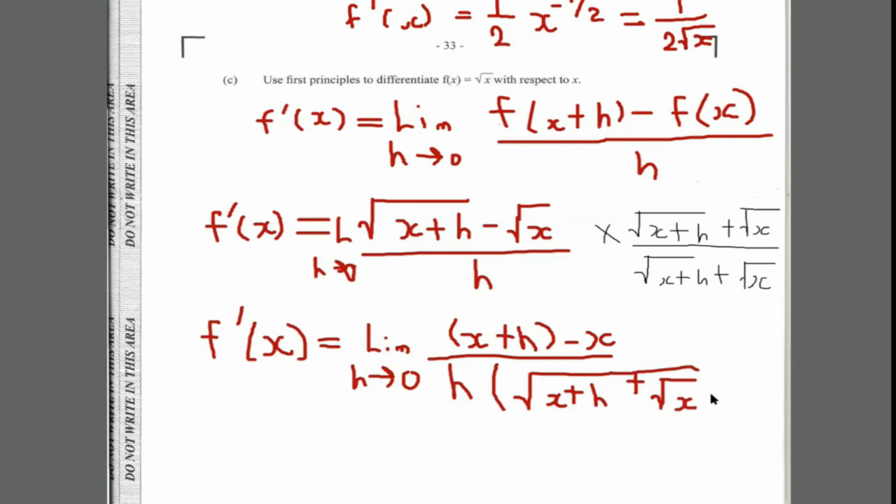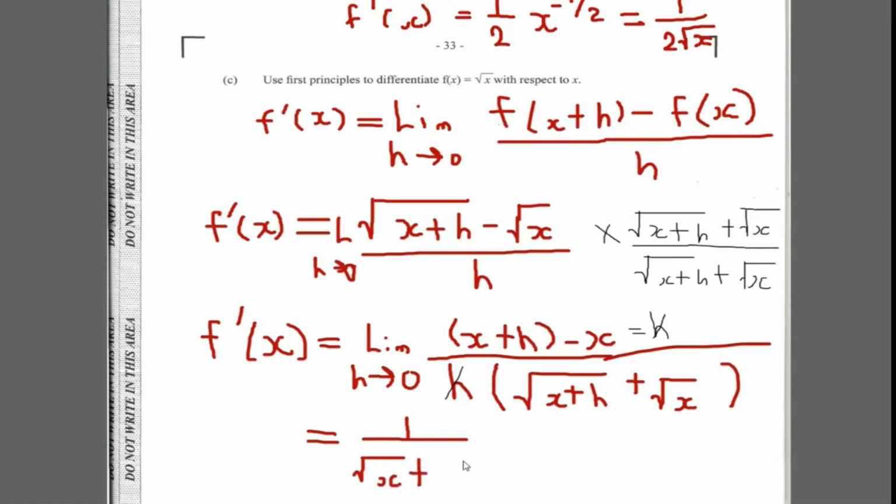And so now we're good. Now the x minus x becomes 0 in the numerator, and then you're just left with h, and then this h cancels this h, and once the h is cancelled, you can apply the limit now and plug in h as 0 in the denominator to get 1 over the square root of x plus 0 plus the square root of x, and so f prime of x is 1 over 2 root x.